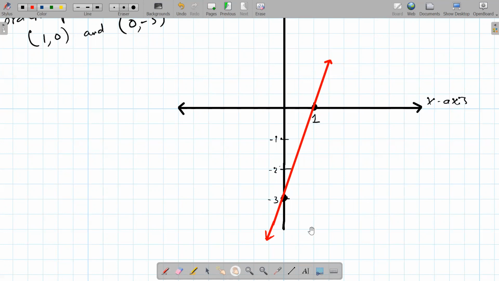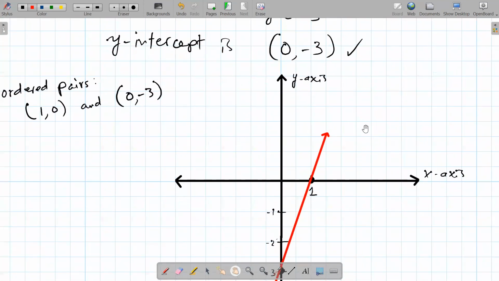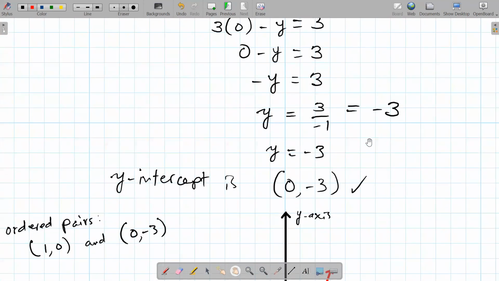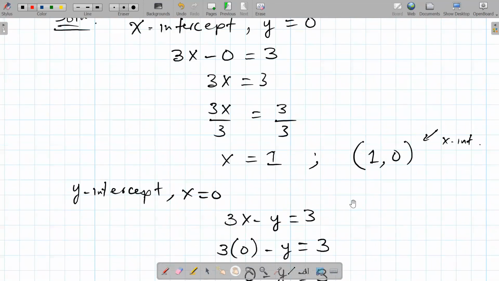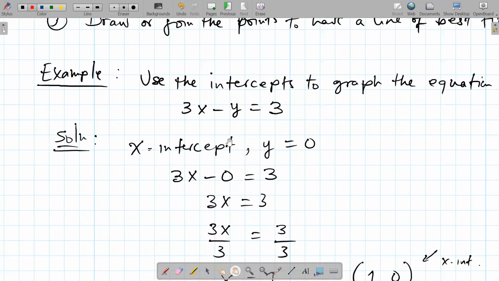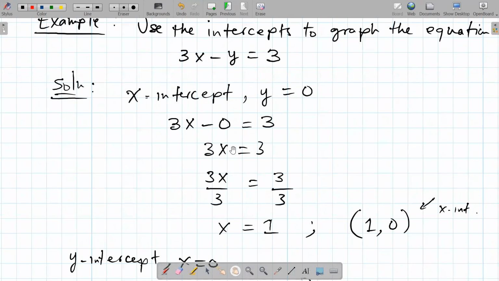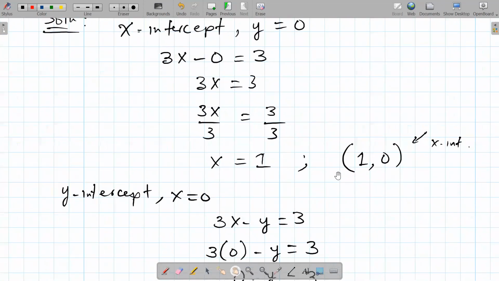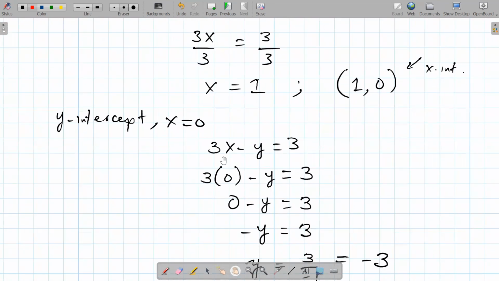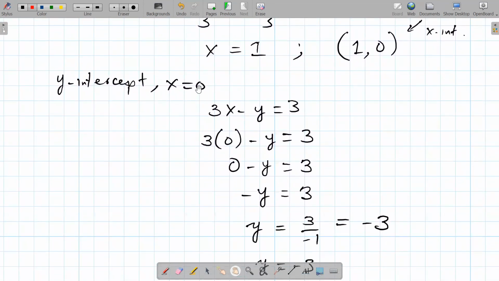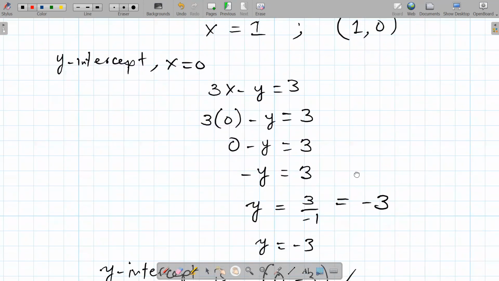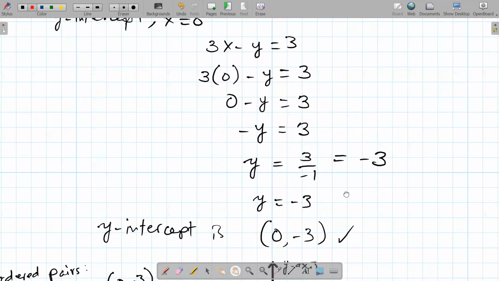So this is how we graph the given line, 3x minus y equals 0. We found the x-intercept by setting y equals 0, and we solve for x. That gives us our x-intercept, 1, 0. And then we also did the same for the y-intercept, where we set x equals 0, plug it back into the equation, and then solve for y.